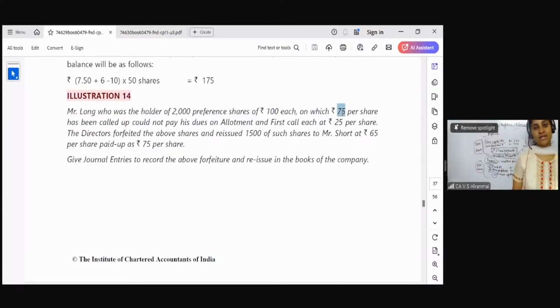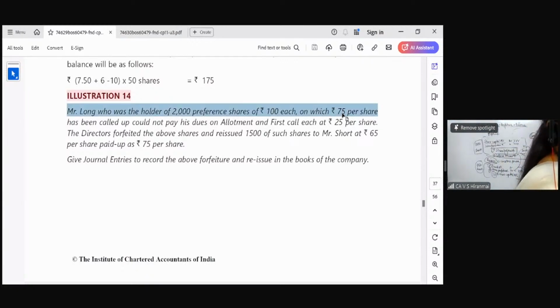Madam, which value I have to take? Last class, I clearly explained to you the lesser value, whether the called up value or paid up value, whichever is less. So here 100 rupees is called up, but 75 rupees is only actually paid up. So you will take 75 rupees only. So the share capital will be multiplied with 75 rupees.